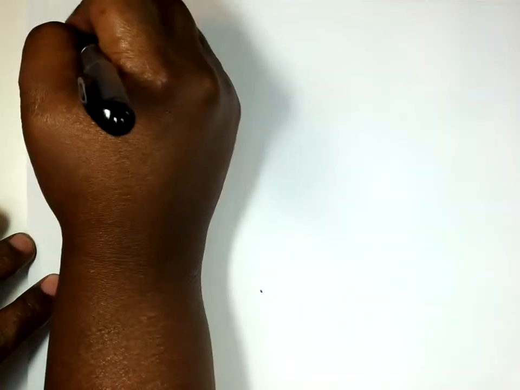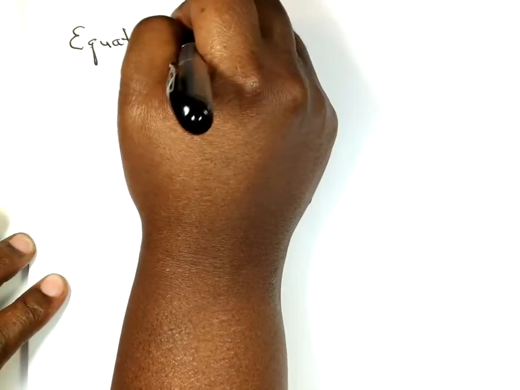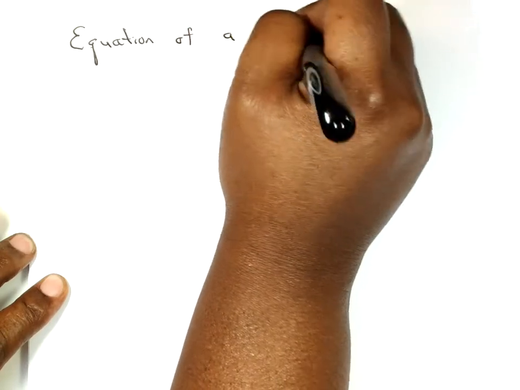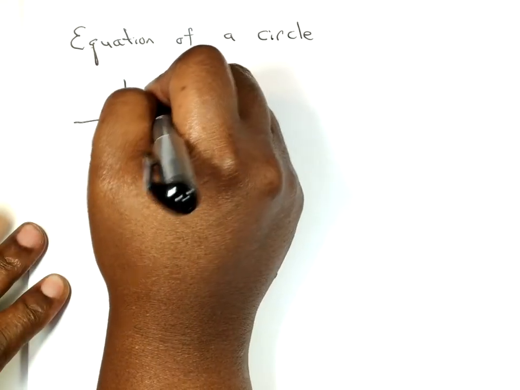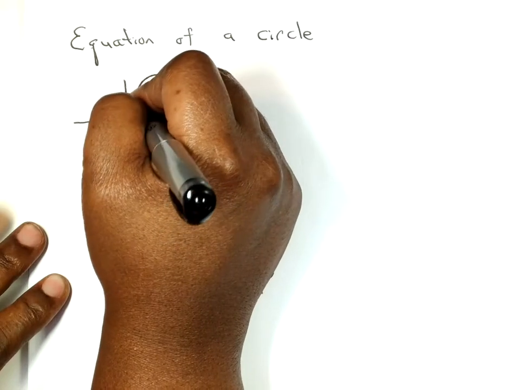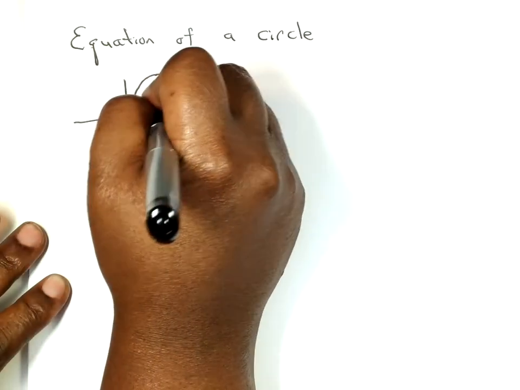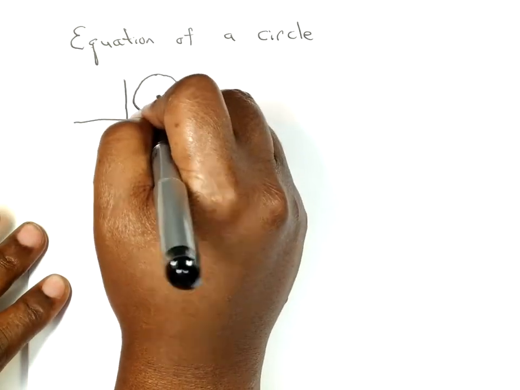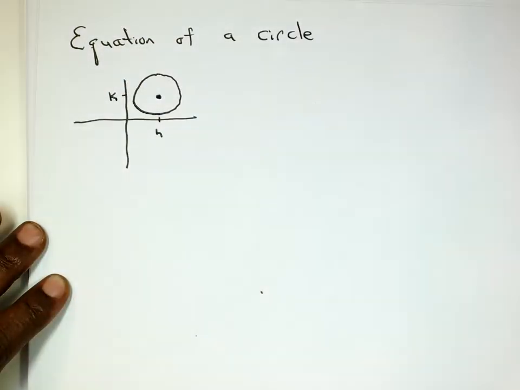So another topic that we're going to look at is the equation of a circle. And a circle is just all the points that are equal distance from some center. So here's my circle. I know it's a terrible circle, sorry. Here's the center of my circle, and we use the point h, k, and we use that just because it's very distinct.